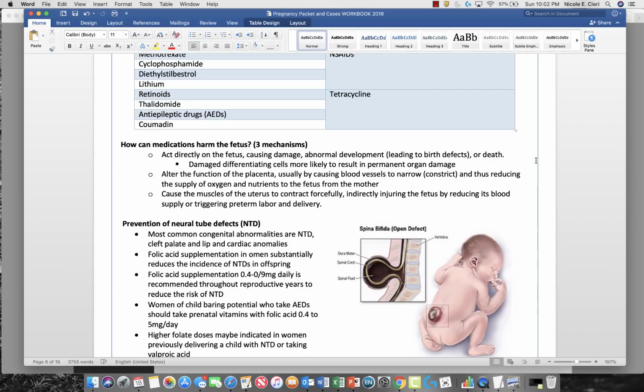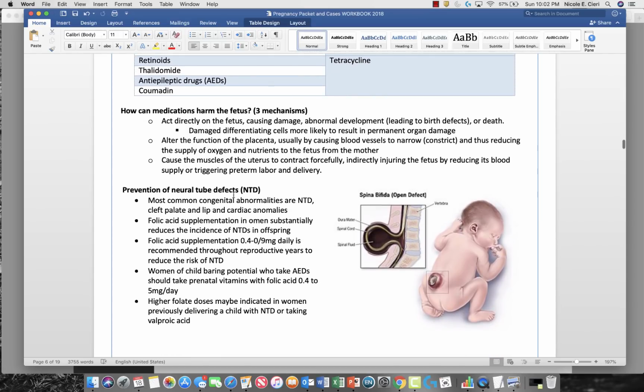They can alter the function of the placenta, which we'll talk about next, and this causes usually narrowing of the blood vessels that deliver oxygen and nutrients back and forth between the fetus and mother. And then finally, the third type is a cause of muscle contraction in the uterus, which can indirectly hurt the fetus by reducing its blood supply or possibly by triggering preterm labor, which can also be very dangerous.